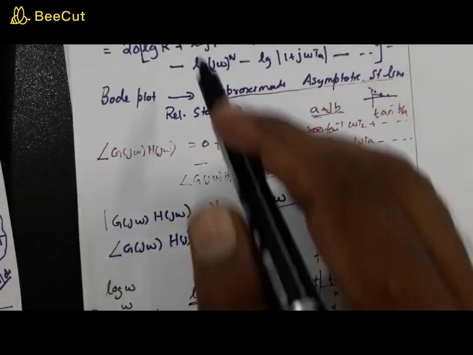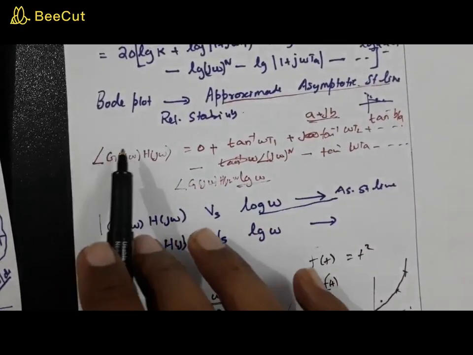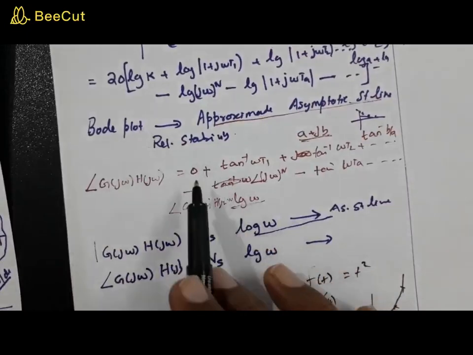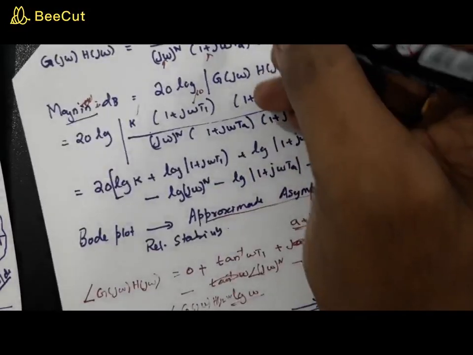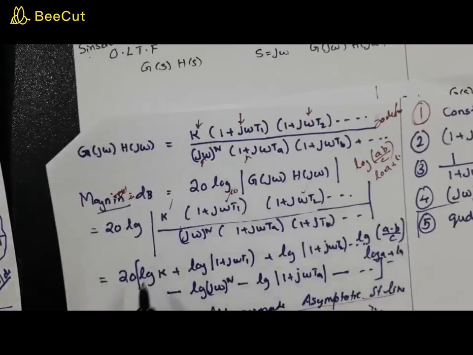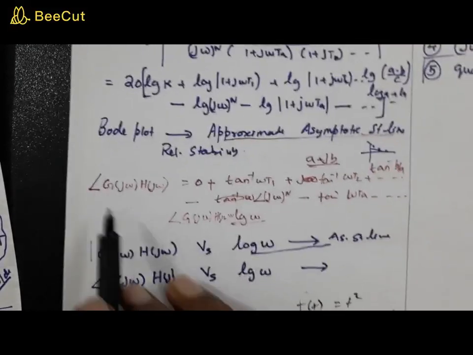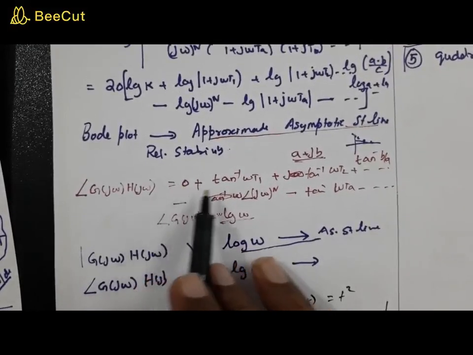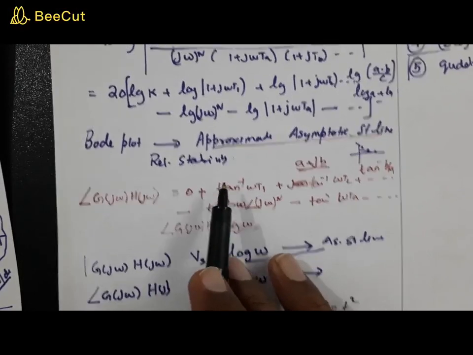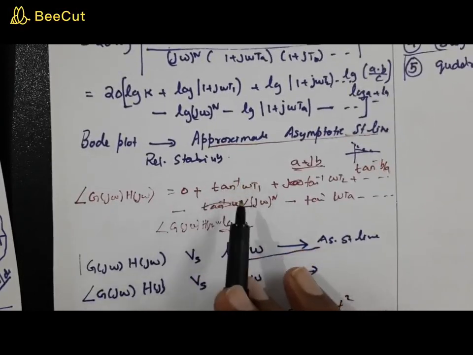Now coming to the phase of this, we know how to find out the phase. The phase is plotted by each term. Here you are adding up each magnitude individually. Similarly, for the phase, you're adding up the phase individually, a very simple, straightforward representation.